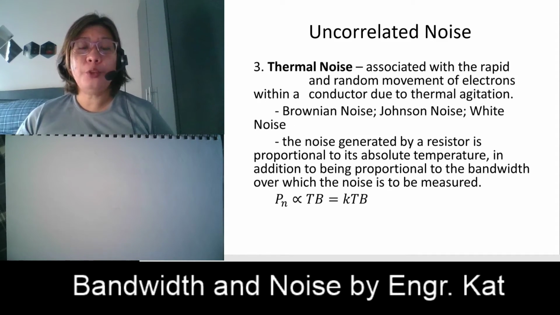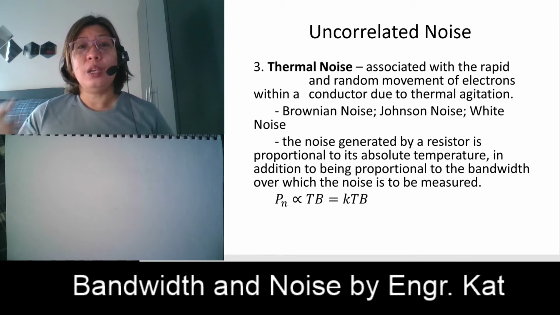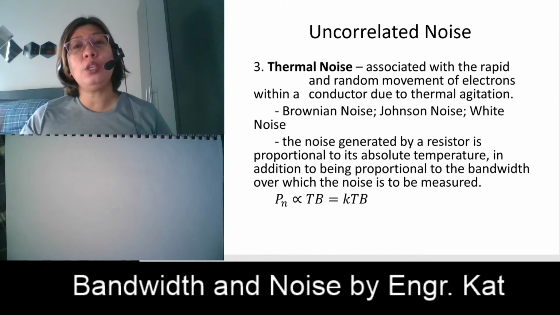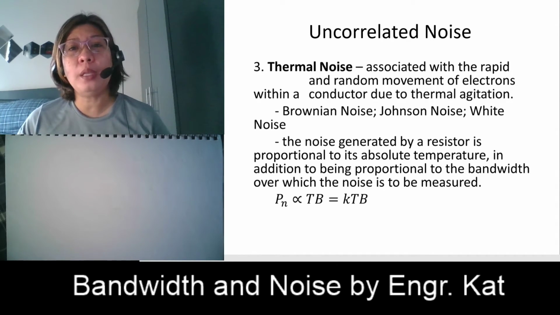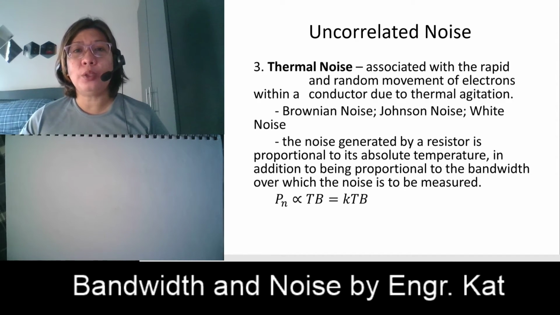Then we have thermal noise. Of course, when you use your circuit, it has a tendency of increasing its temperature. It tends to get hot, so you have your thermal noise. This is associated with the rapid and random movement of electrons within a conductor due to thermal agitation.